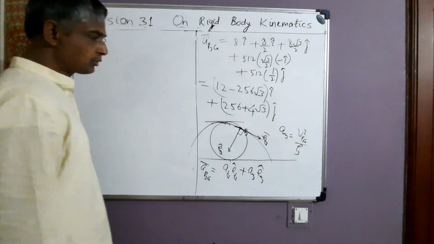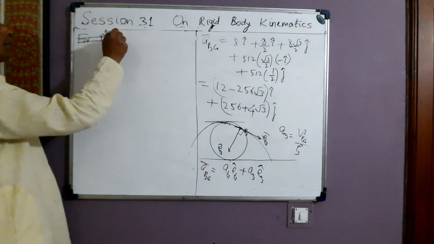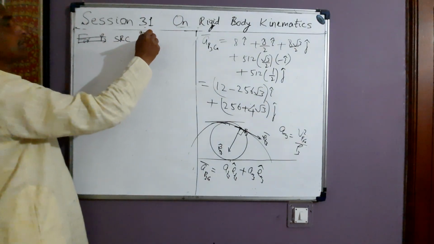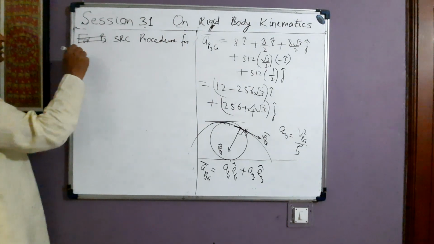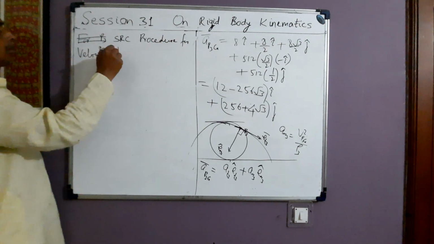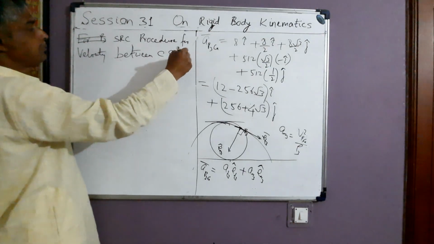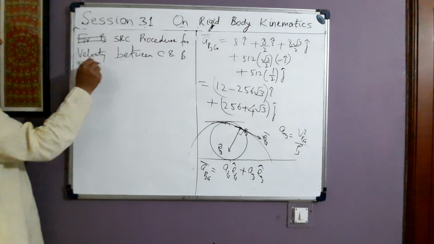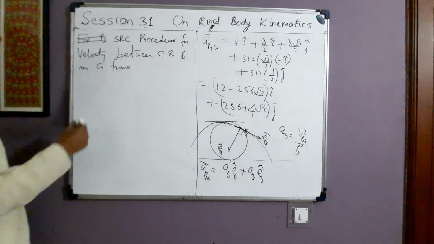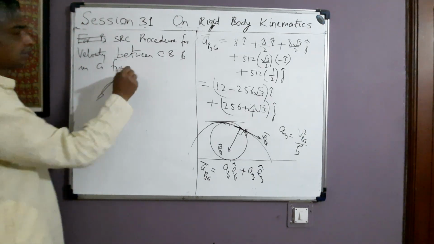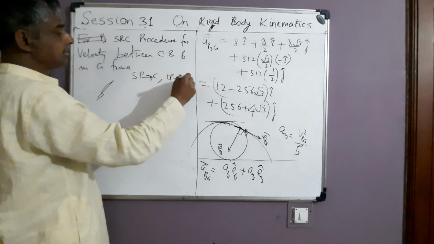So you apply SRC procedure for velocity between C and P3 in G frame. I draw the line joining C and P3 first. Sorry, SP arrow C, OP arrow P3.